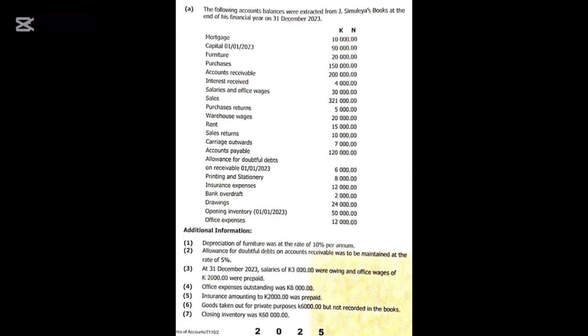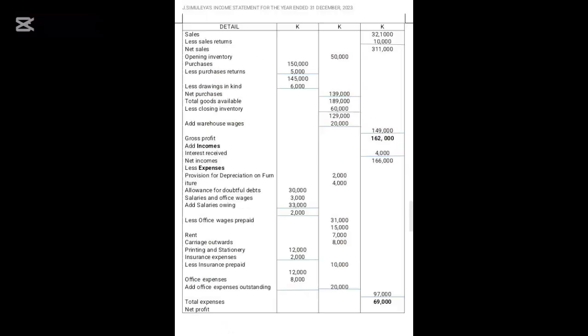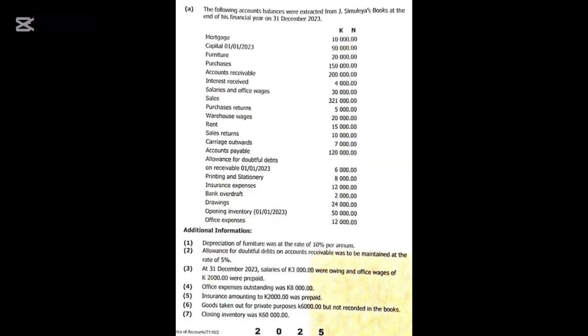So like I said, prepaid transactions should not be included in the current accounting period, so we need to remove it from the insurance expense, which we have as 12,000. We remove 2,000 to give us 10,000. We have office expenses amounting to 12,000, and there is also an adjustment here.